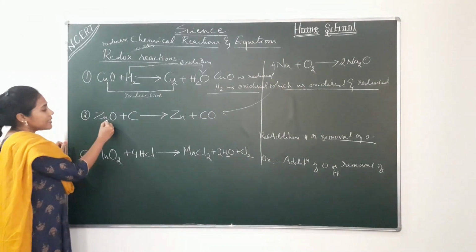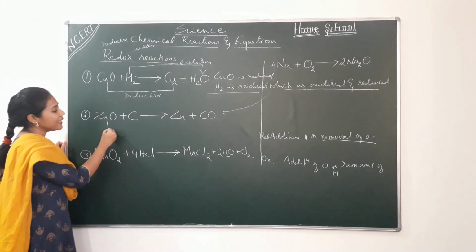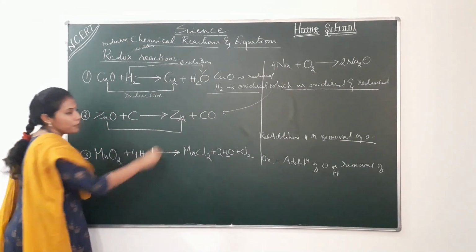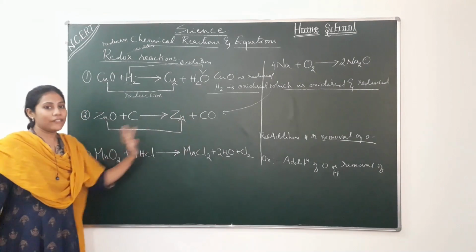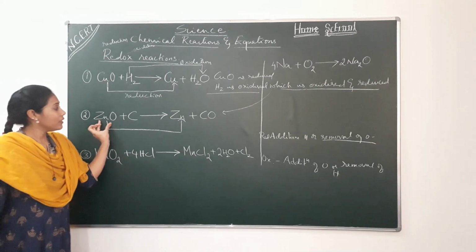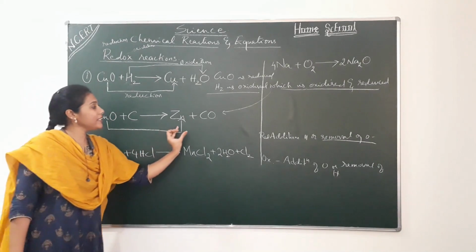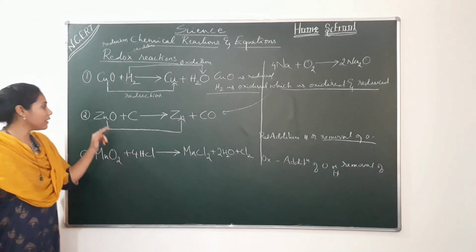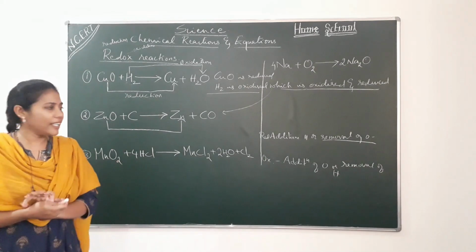See, ZnO, zinc oxide, is getting converted into zinc. You have to search for the zinc-containing product, because the reactant is zinc containing. So here zinc oxide is converted into zinc. What process are you observing here, oxidation or reduction?